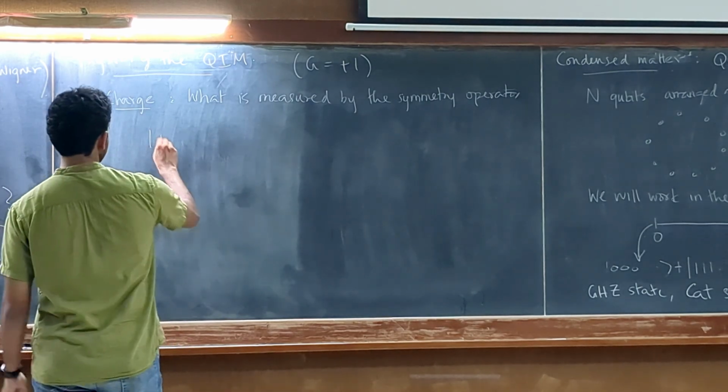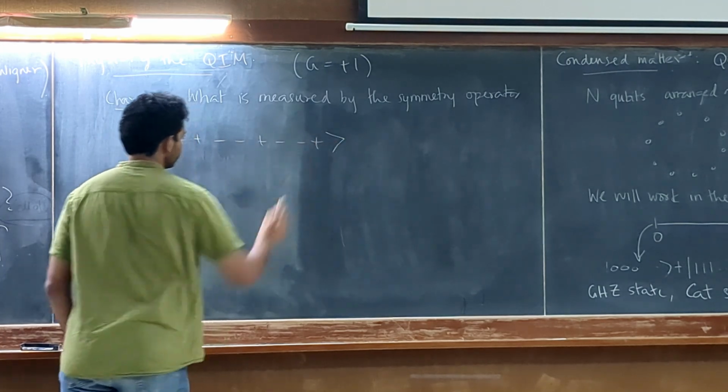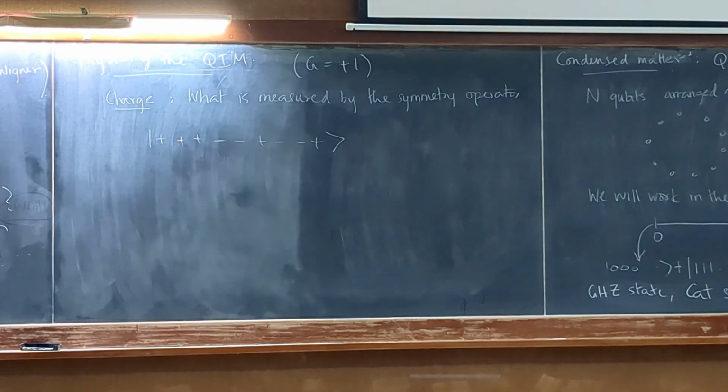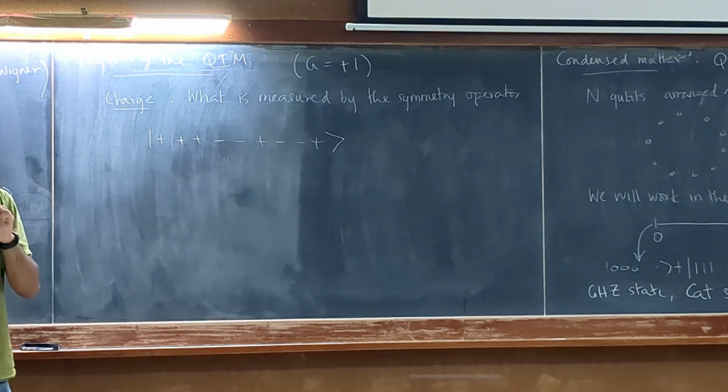Take the following state. What charge does the state have? Plus 1. Plus 1, yeah. So, if you're okay with a little bit of abstraction, I will call the plus 1 sector 0 charge and minus 1 sector 1 charge, and we'll talk of charge as modulo 2 objects.